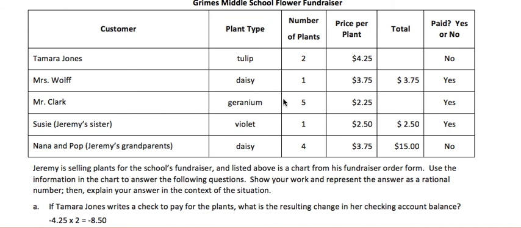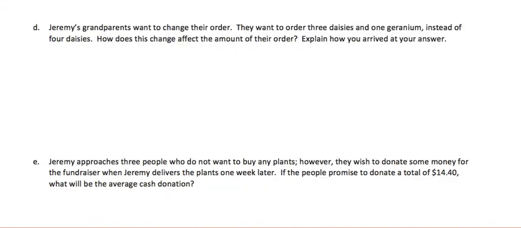Looking in the table, we know that Jeremy's grandparents initially wanted 4 daisies for a total of $15. And now they want 1 geranium with it as well, which is $2.25. So their initial order was $3.75 times 4.